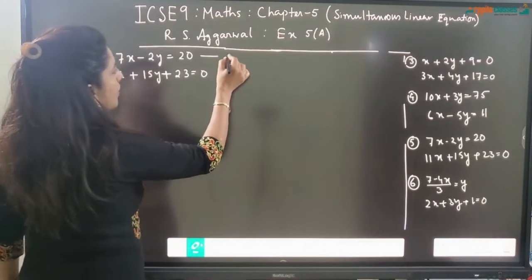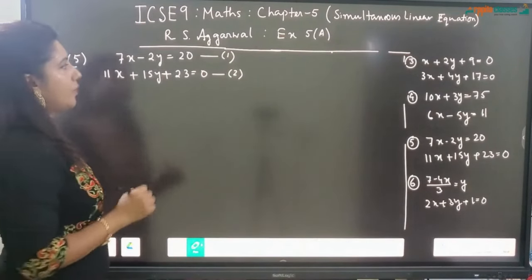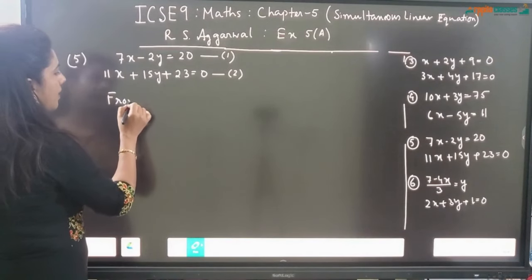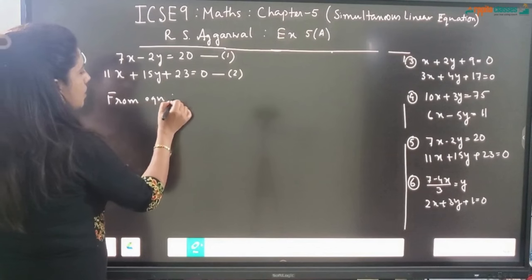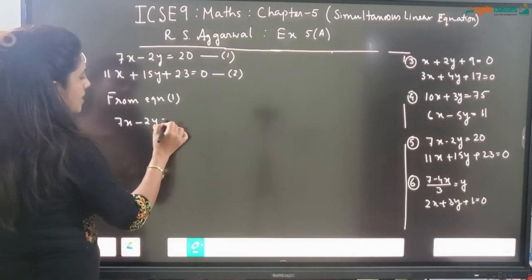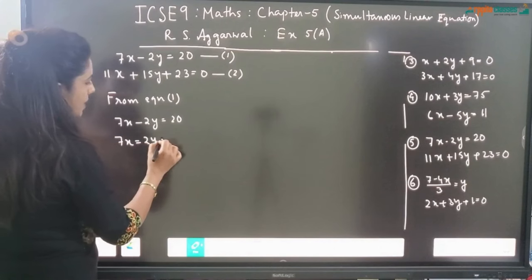So I'll name this equation as equation number 1 and this as equation number 2. Since I see equation number 1 is a little smaller, I will take equation number 1 and write from equation 1, 7x minus 2y is 20, or 7x is equal to 2y plus 20.